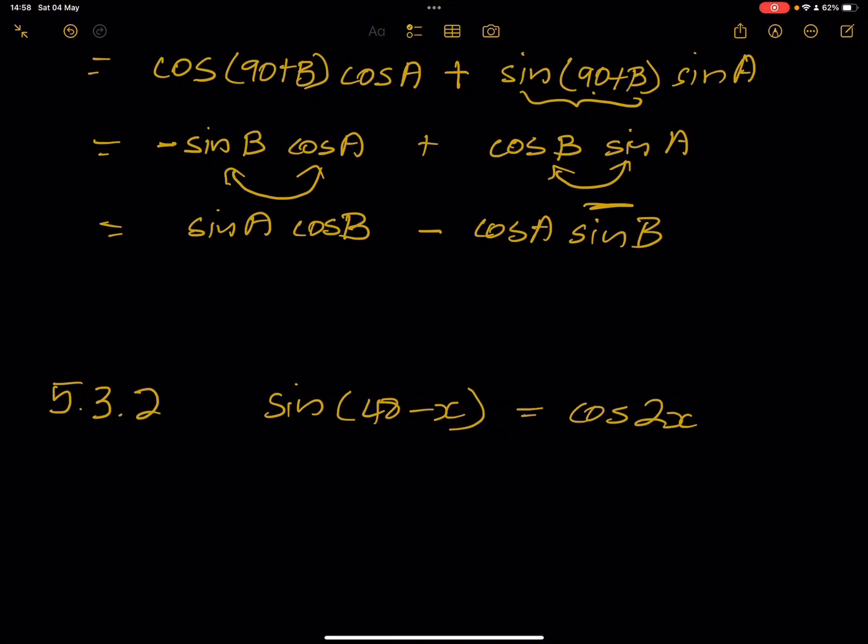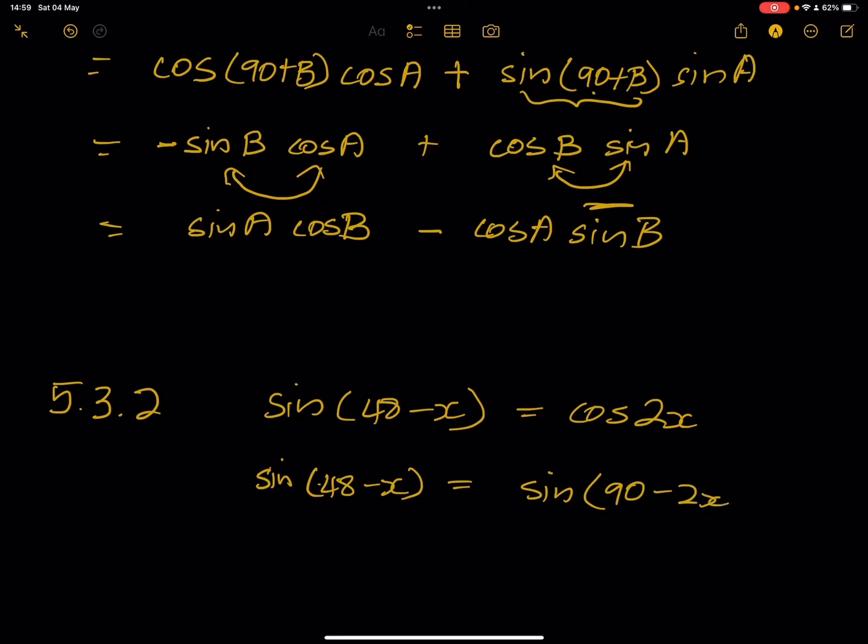So remember, for the general formula, ladies and gents, whenever I've got sine and cos on either side, I make it into the same trig ratio. And how can I do that? That would be 48 minus x, which is equal to the cos of 2x, which is equal to the sine of 90 minus 2x.